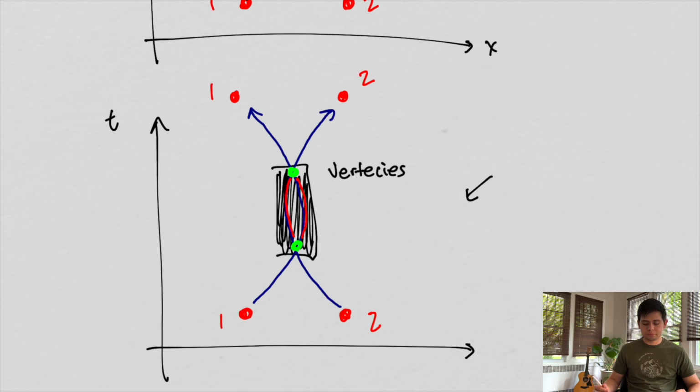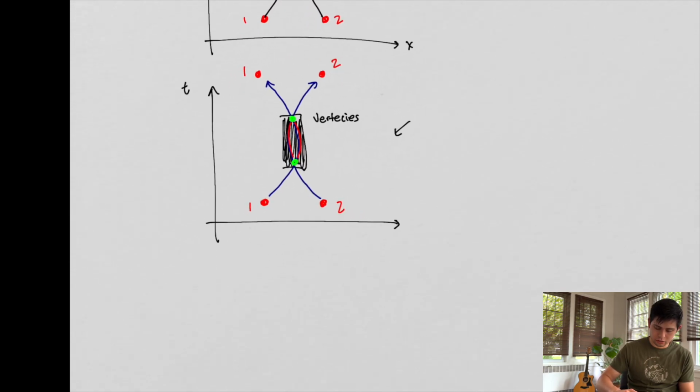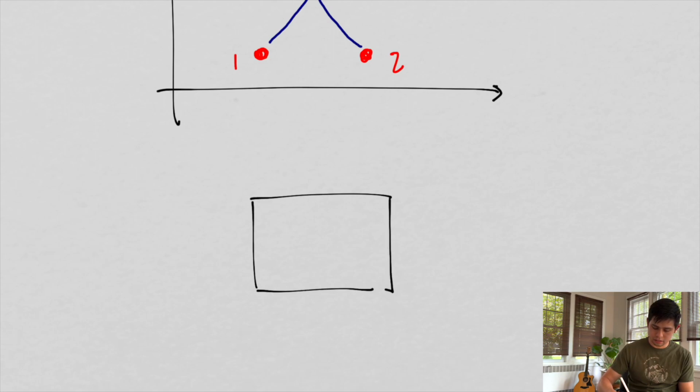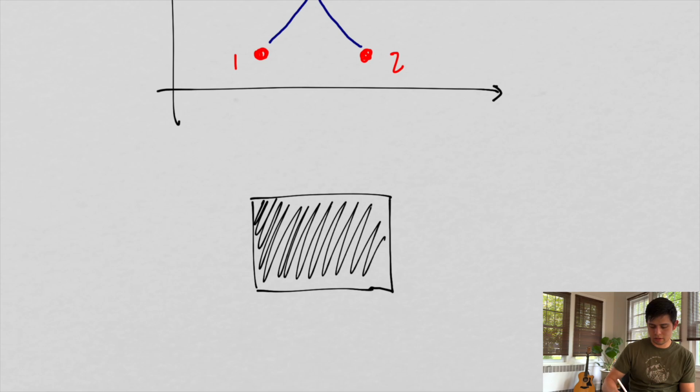Okay? So you could have a black box, say, that looked, I'll just draw the black box. So here's our black box. You could have a black box that, say, looks like this. Where we have 1, 2, 3.